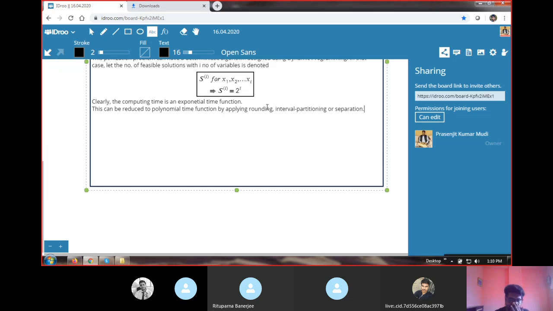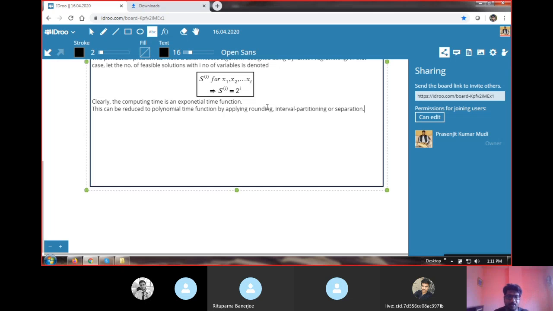As nothing is mentioned explicitly in the syllabus, I shall cover one technique, let's say rounding, which is very popular. With the rounding technique, I want to show you two important problems. One is a simple polynomial time approximation scheme.